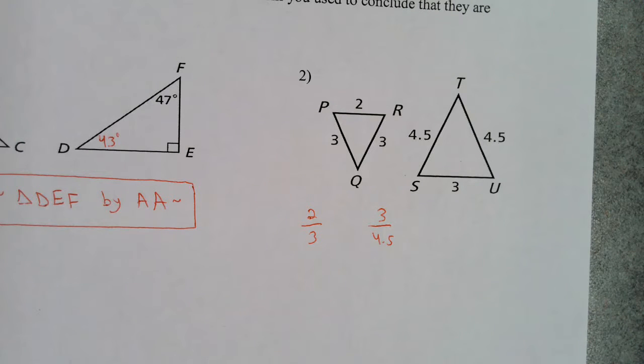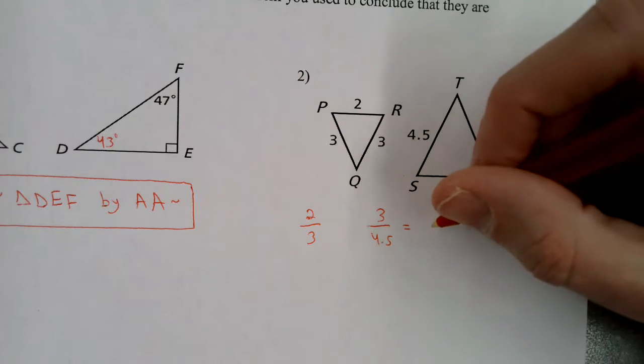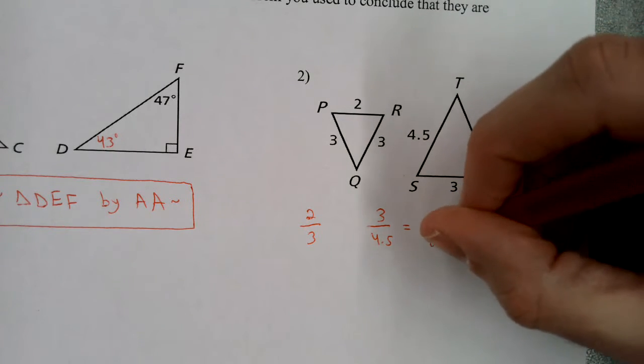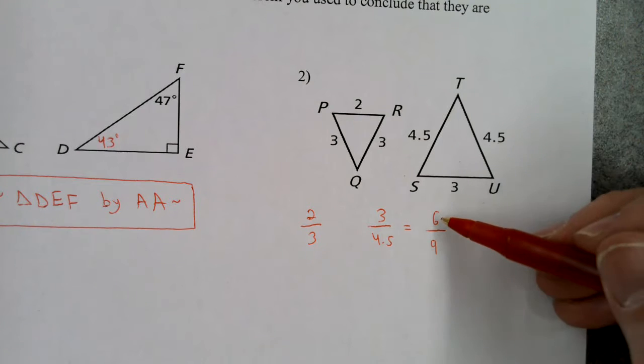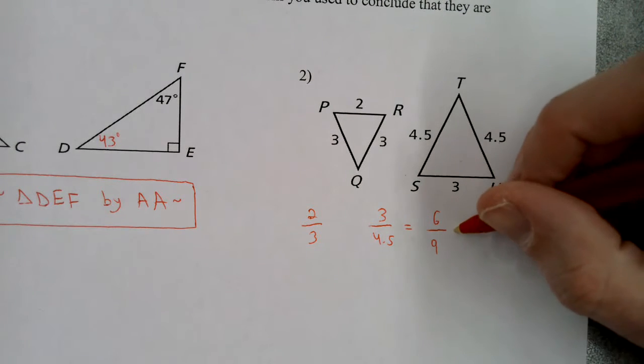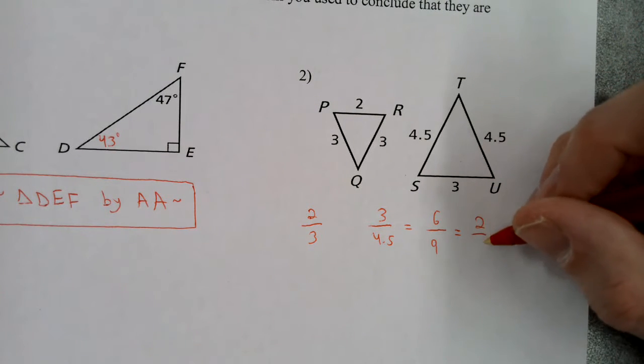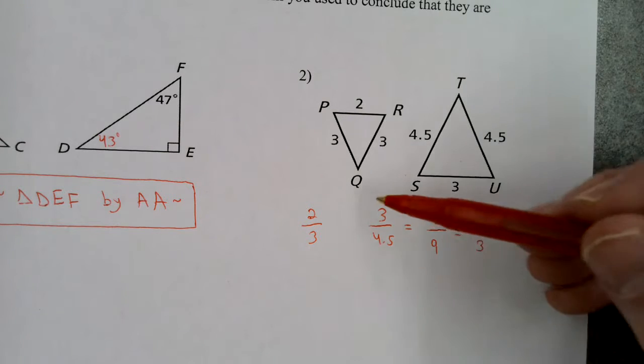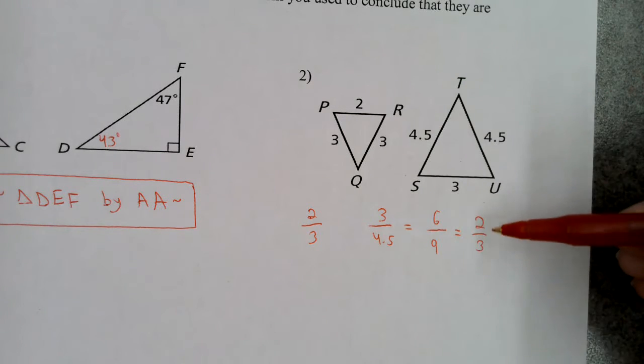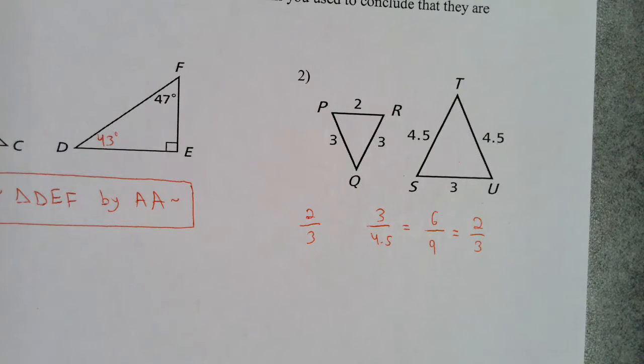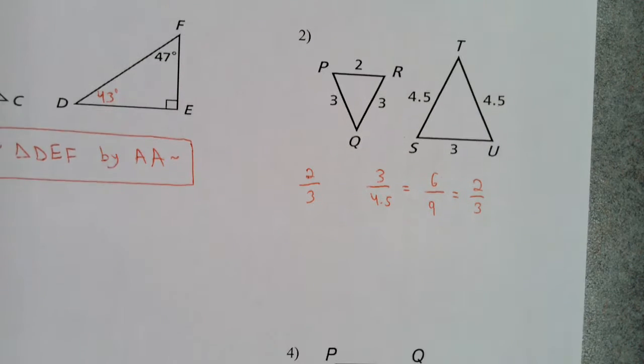That might be a little tricky, but if I multiply each of those numbers by 2, it gives me 6 over 9. And now if I divide each of these by the common factor of 3, it gives me 2/3. So you can see 2/3 over here and 2/3 over here. So these two triangles are going to be similar by side similarity.